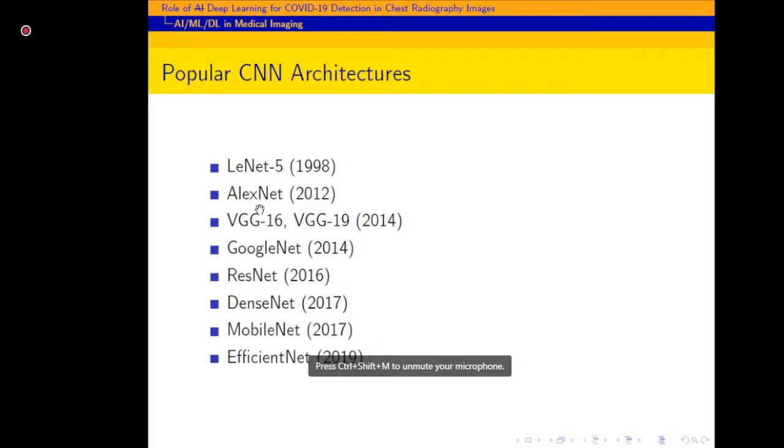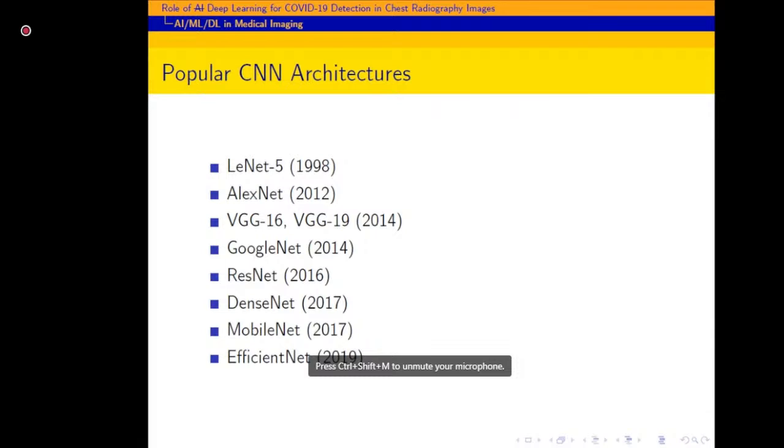Because when AlexNet was proposed, the number of parameters required by AlexNet was around 60 million. So if the number of parameters is 60 million, and let's say you are solving a problem where there are only 1000 images or 200 images, you can easily see the difference between the number of images and the number of parameters. This may lead to overfitting issues.